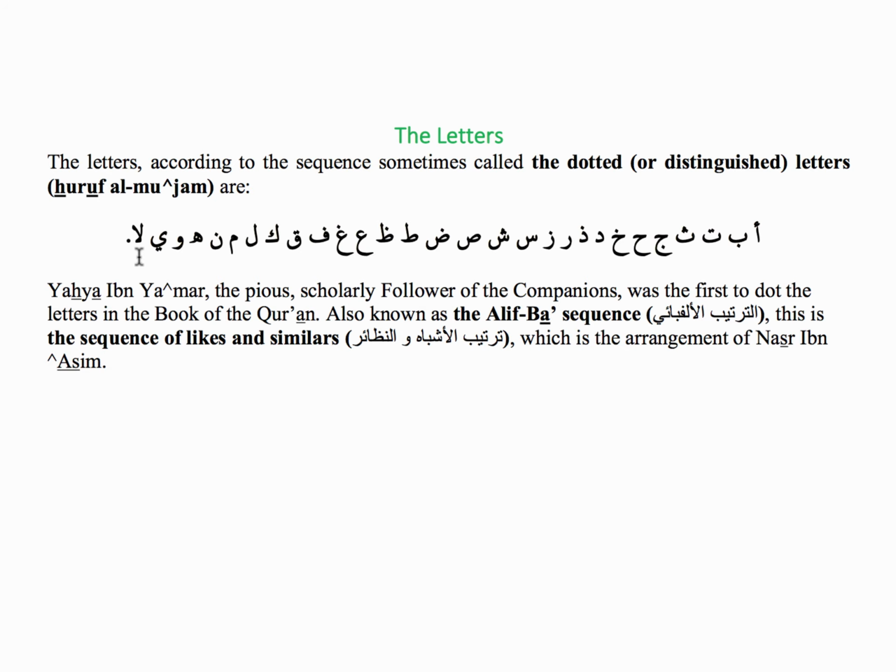So really, if we want to count lam alif at the end, then the way to read the letters would be like this. Hamza, ba, ta, tha, jim, ha, kha, until the end. When you get to the end: ha, waw, ya, lam alif. Instead of saying alif in the beginning and then lam alif at the end.